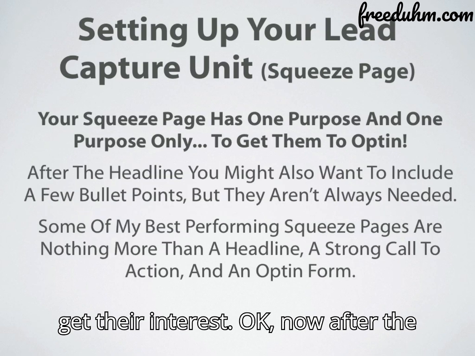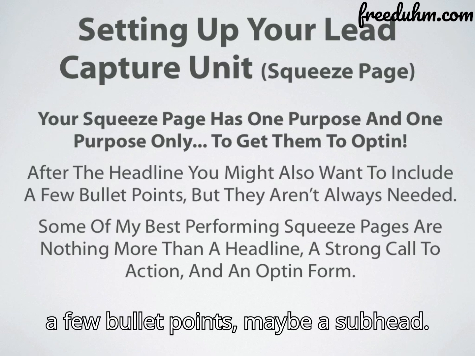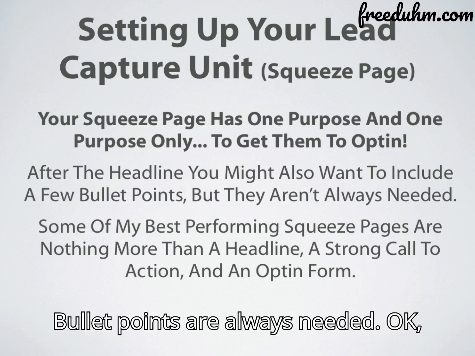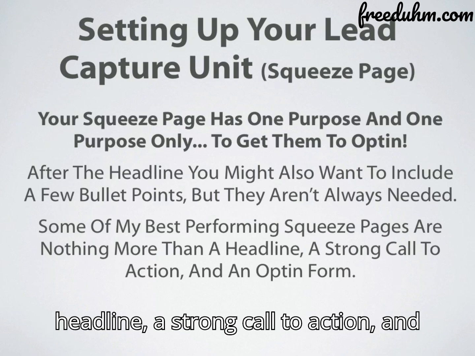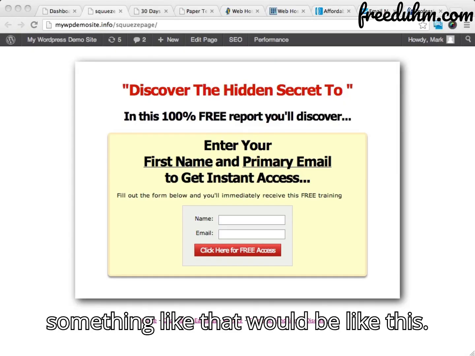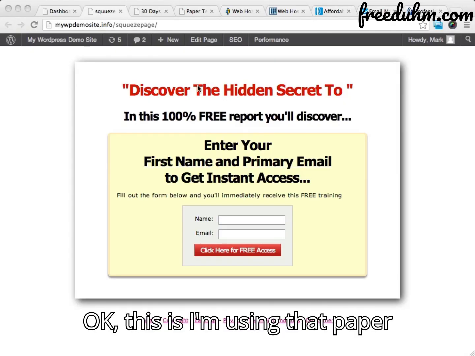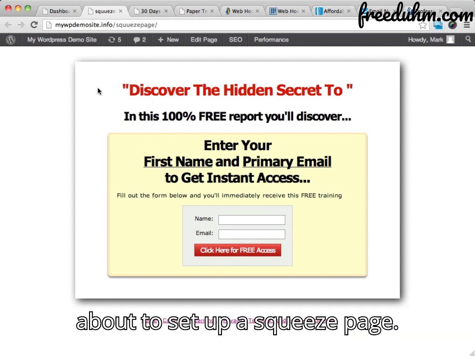Now, after the headline, you might also want to include a few bullet points, maybe a subhead. Some of my best performing squeeze pages are nothing more than a headline, a strong call to action, and an opt-in form. Here, I'm using that Paper Template WordPress theme that I told you about to set up a squeeze page.